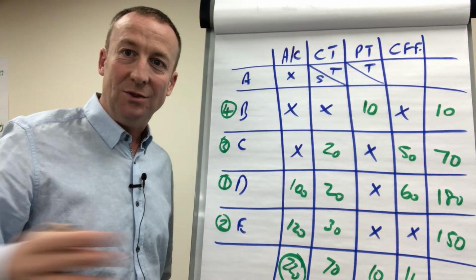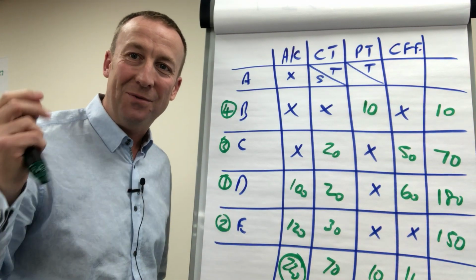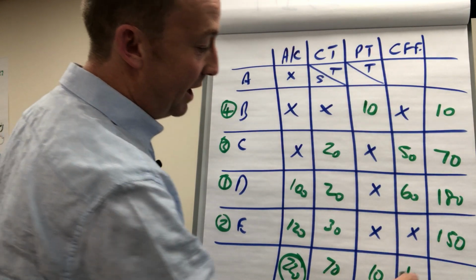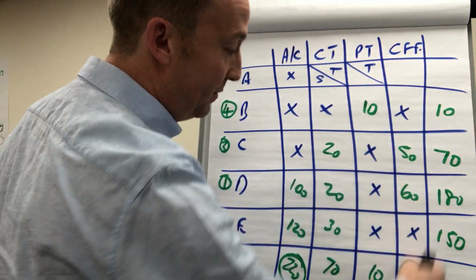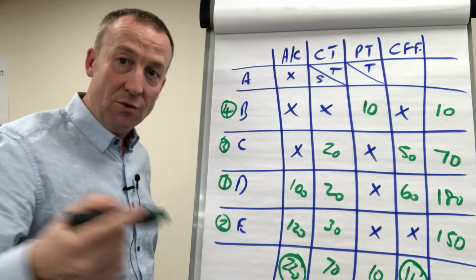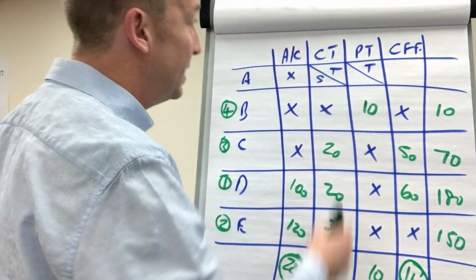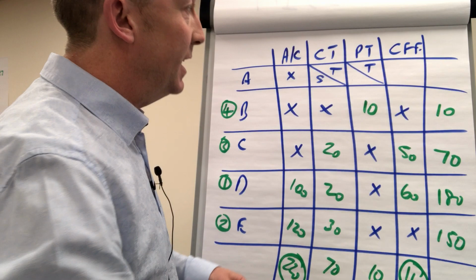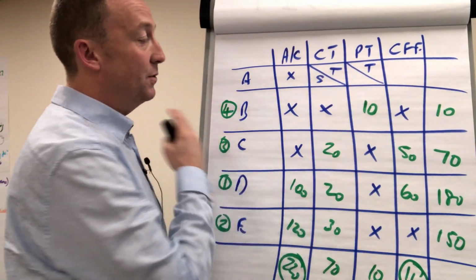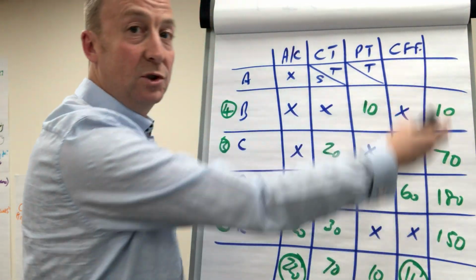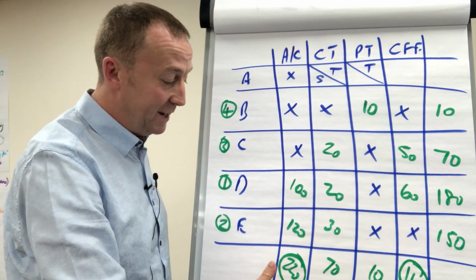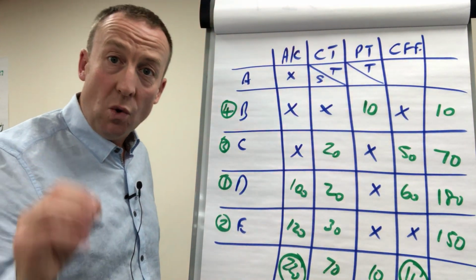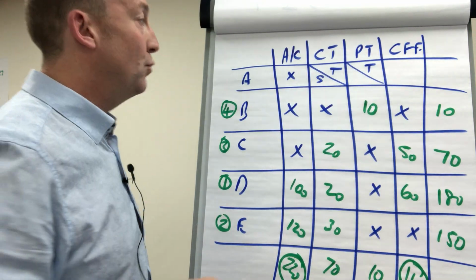So the way the matrix works is that you focus on selling the accounts first. You then work out the cash flow forecasting is 110, so you then spend your marketing budget on that, and then on the 70 for the corporation tax. So across, it's what customers you speak to first, and then when you come down, you look at where you spend your marketing budget in order to generate the most profit within the practice.